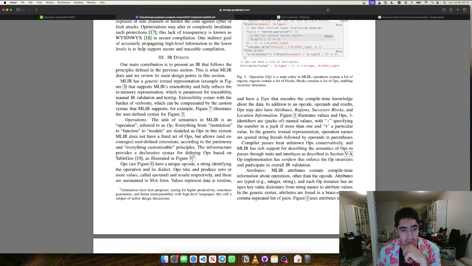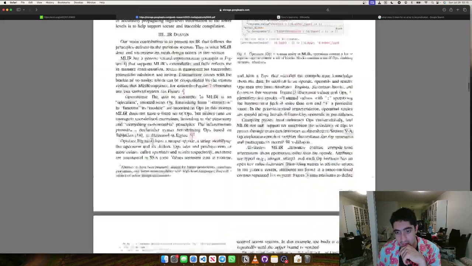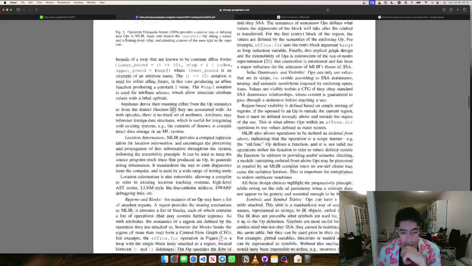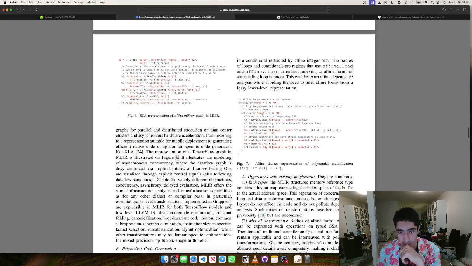Extensibility comes with the burden of verbosity, which can be compensated by the custom syntax that MLIR supports. For example, Figure 7. That's Figure 3. Figure 5. Here we go.